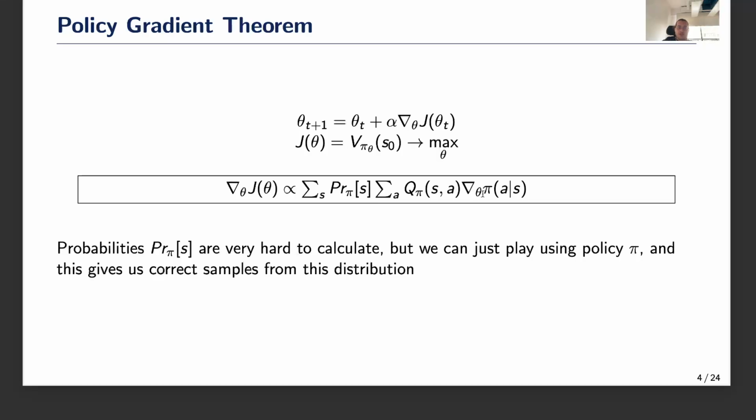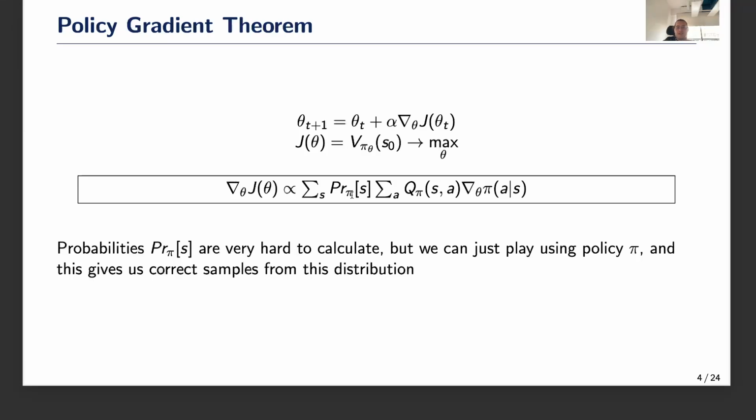Now, here is a catch. This term, the probability of the state under policy pi, the distribution over states under policy pi, is very difficult to compute analytically. But thankfully, and this is the beauty of RL, we don't need to compute it. Instead, we just let the agent play.